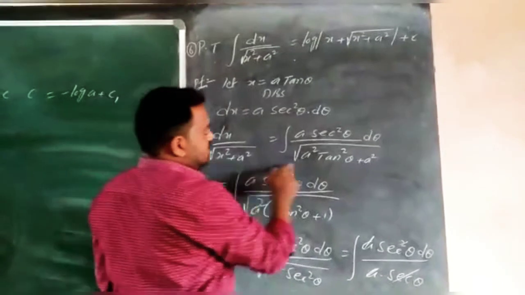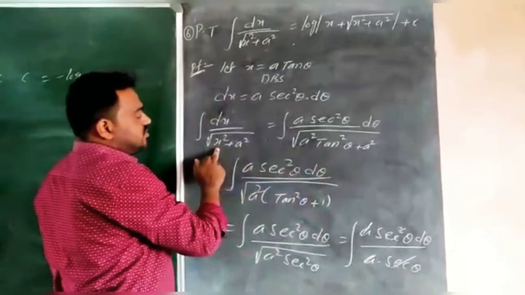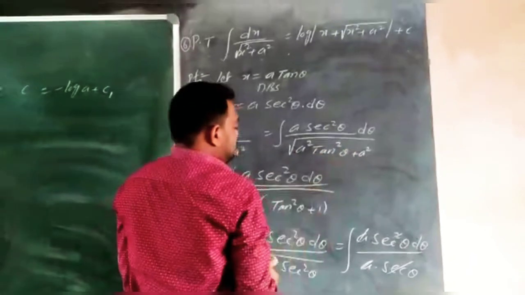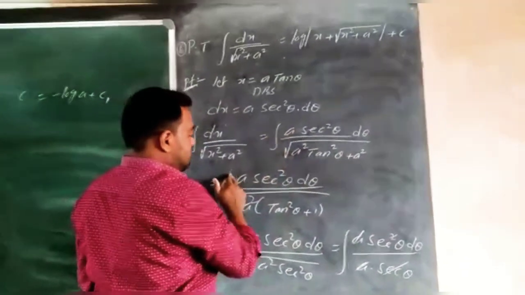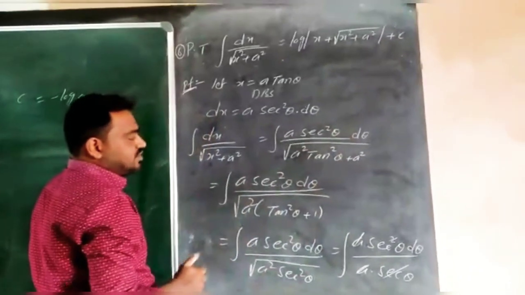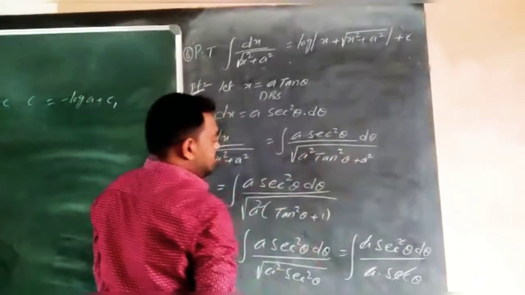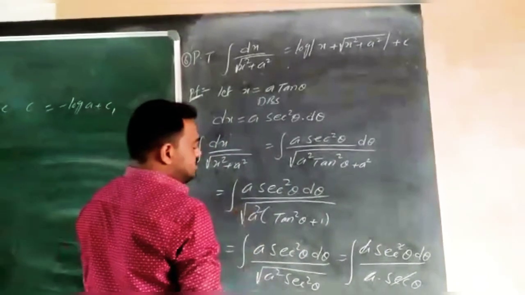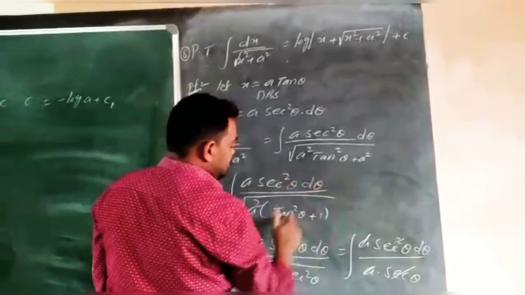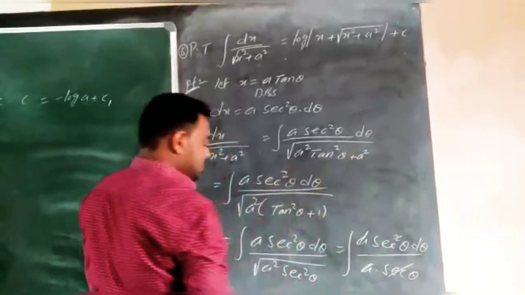In the denominator, square root of x square plus a square is a square tan square theta plus a square. Numerator remains a secant square theta d theta. In the denominator, square root of a square is common, remaining tan square theta plus 1.